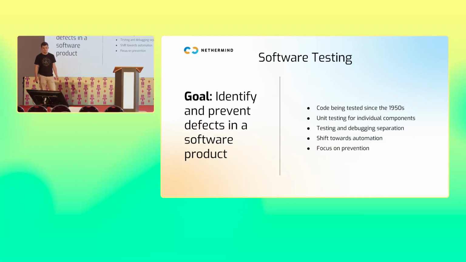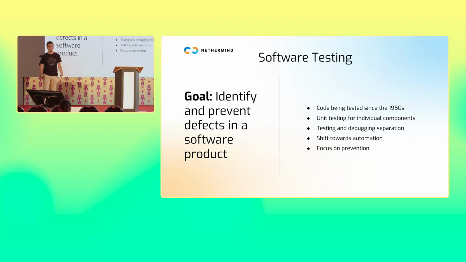A bit later on, in the late 70s, there's a separation between testing and debugging, where debugging is defined as trying to find the cause of a bug or a defect that already exists and fixing it. And testing is defined as trying to prevent these bugs and defects from a software product, even though they haven't been found yet, right?